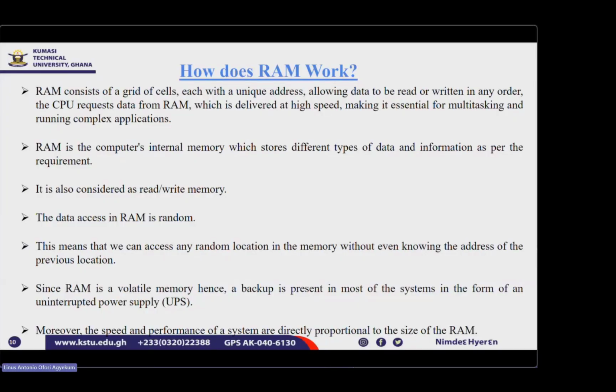And this is how the CPU requests data from the RAM. And this is done in a very high-speed manner. And this feature of gate cells with unique addresses allows for multitasking or running of complex applications.